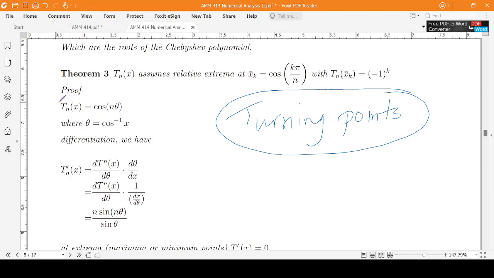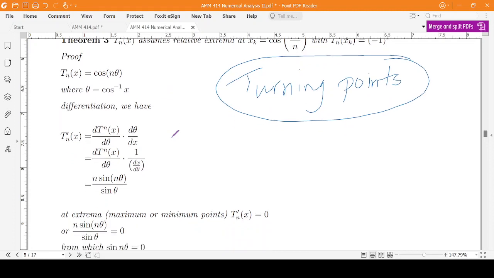We can do a proof of this, starting with the definition of the Chebyshev polynomial, Tn of x is cosine of n theta, where theta is cos inverse of x. We can then differentiate this.